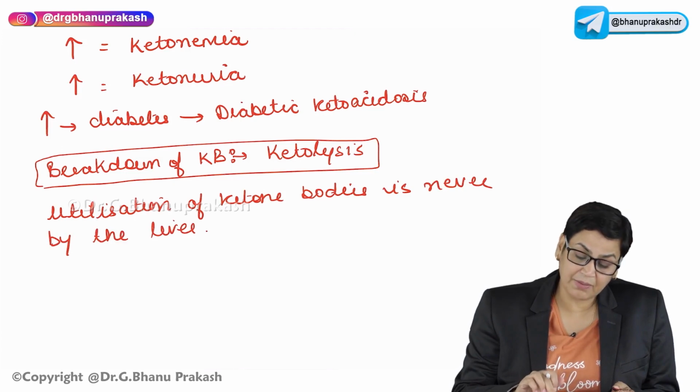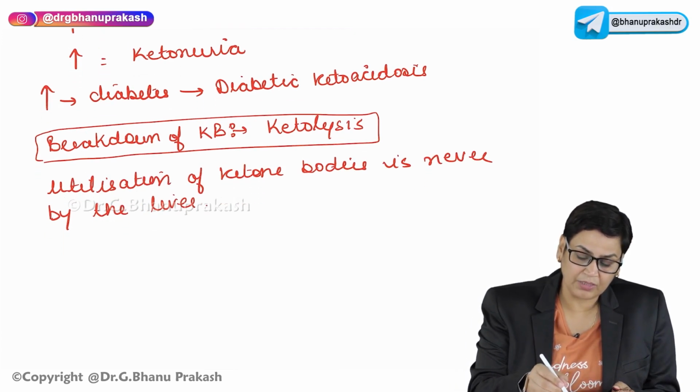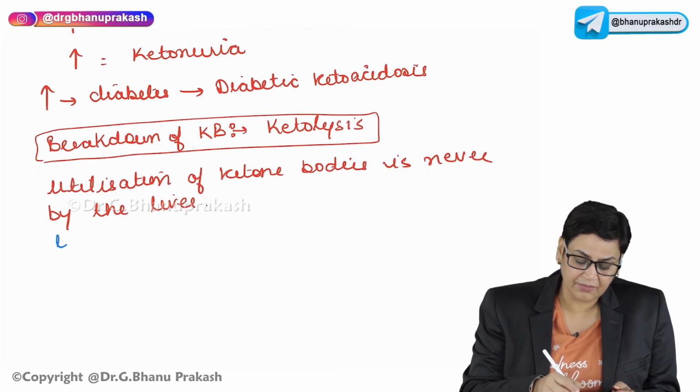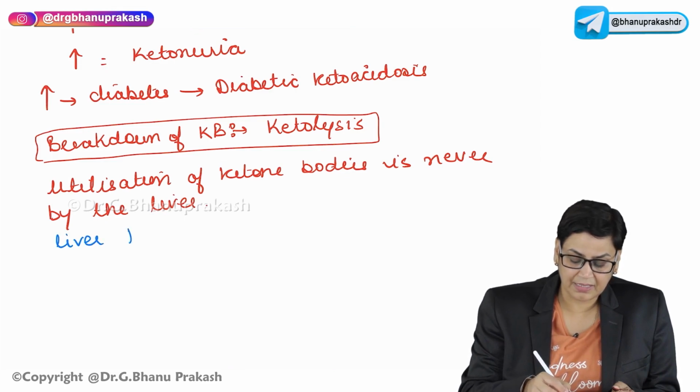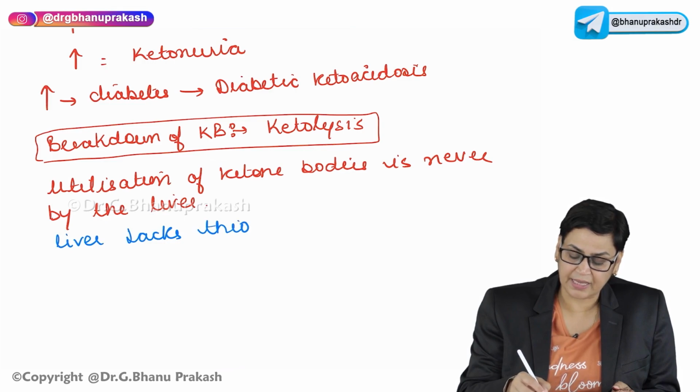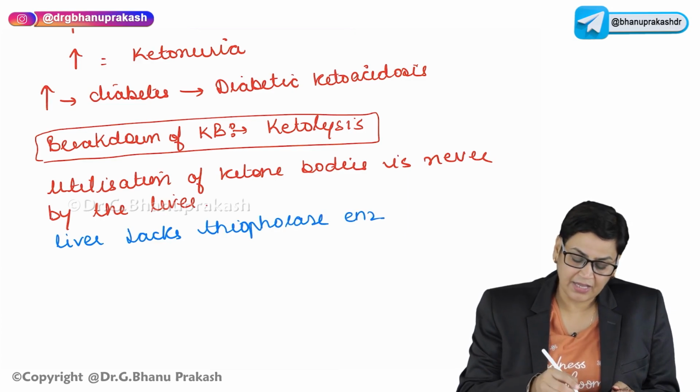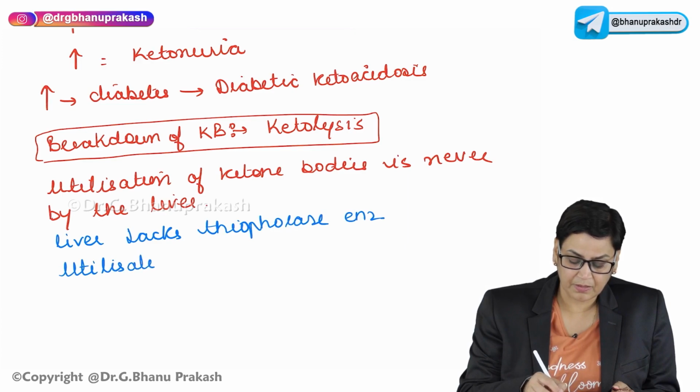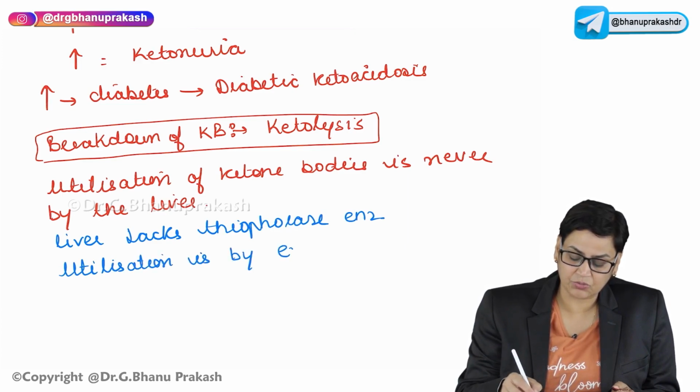Now, what is the reason behind that? Because liver lacks thiophorase enzyme. That is why utilization is by extrahepatic tissues.